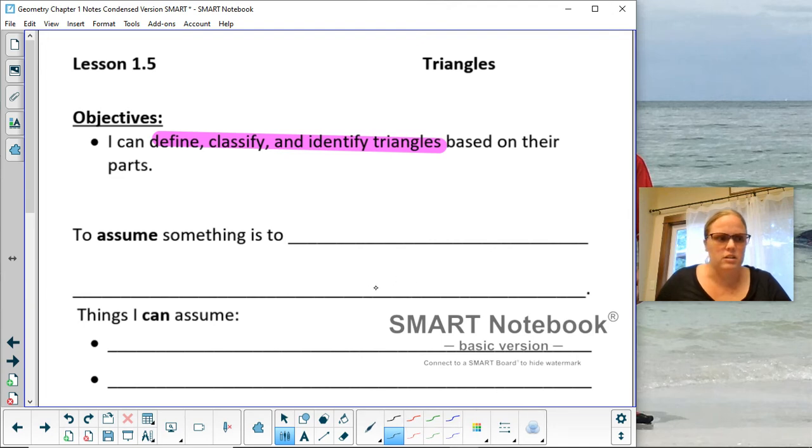But before we get started on the triangles, we have to make sure that we have a general assumption of all of the standard type things for geometry. So when we assume something, we're assuming that it is, or we're accepting that it is true without having to prove it to be true.